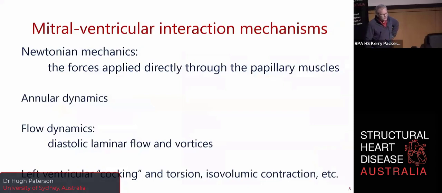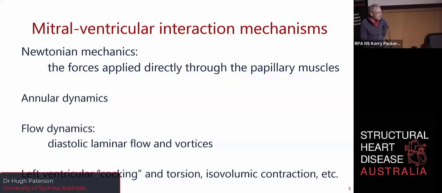We need to talk about the Newtonian mechanics, and they're the forces directly through the papillary muscles, annular dynamics, flow dynamics, and left ventricular cocking and torsion. If we put in a prosthetic mitral valve, we normally take out the anterior leaflet.